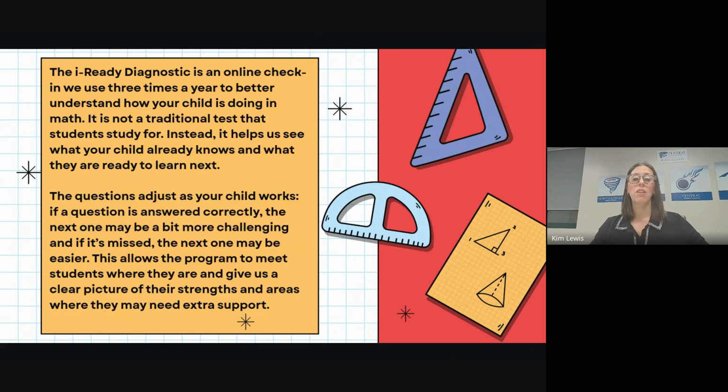If they get to a question and the speaker button is not there, that means they've exceeded 5th grade standards and are working on a question that would be 6th grade level. So obviously the younger kids maybe will not see that, but when you get to 4th and 5th grade, they may start seeing some questions at that 6th grade level, and that speaker button does go away once the questions become middle school level.